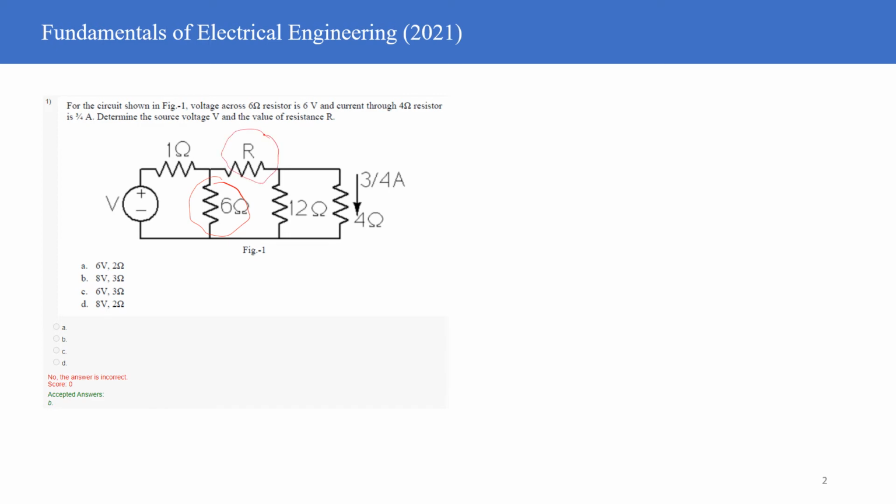Here you are not given the value of the source voltage V, so you are required to figure this out, and this as well. These are the two things you are required to figure out. What you are given are the values of the various resistances in the circuit and the current flowing over here.